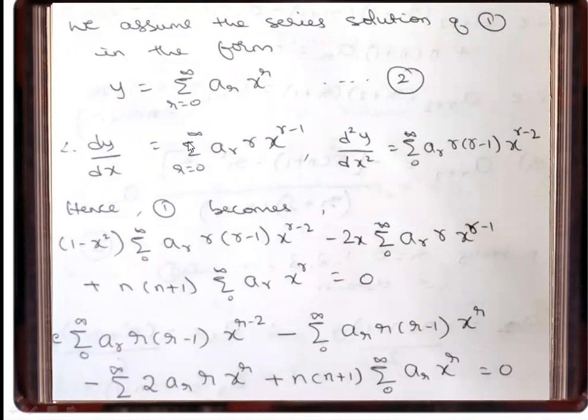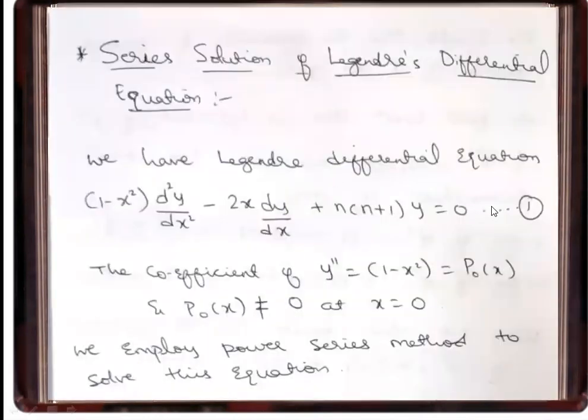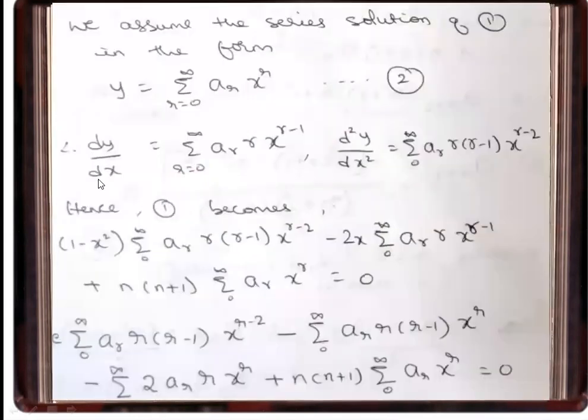Next, we shall find the derivatives, that is dy by dx and d square y by dx square, and then substitute in the Legendre's differential equation. First we shall find dy by dx, so we have to differentiate y with respect to x. a suffix r is a constant, so multiply as it is, and the derivative of x to the power r is r into x to the power r minus 1.